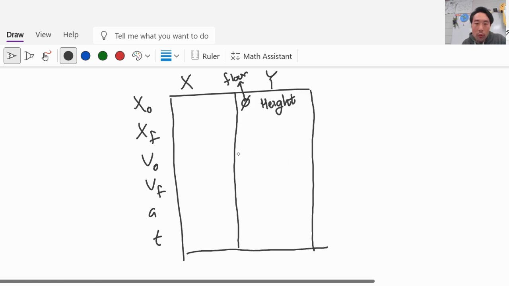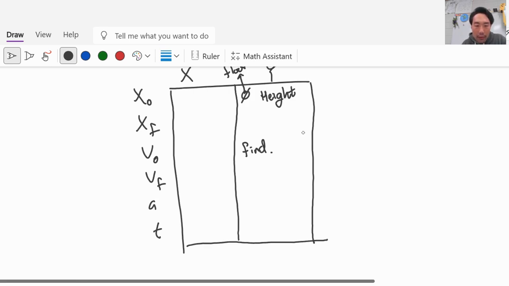VO. All right, so VO is something that you have to find. So I'm going to write the word find there, and I'm going to show you how to find VO over here in a little bit. Okay, VF is something you usually have to find. All right, but here's the important part. You usually have to find the time first.